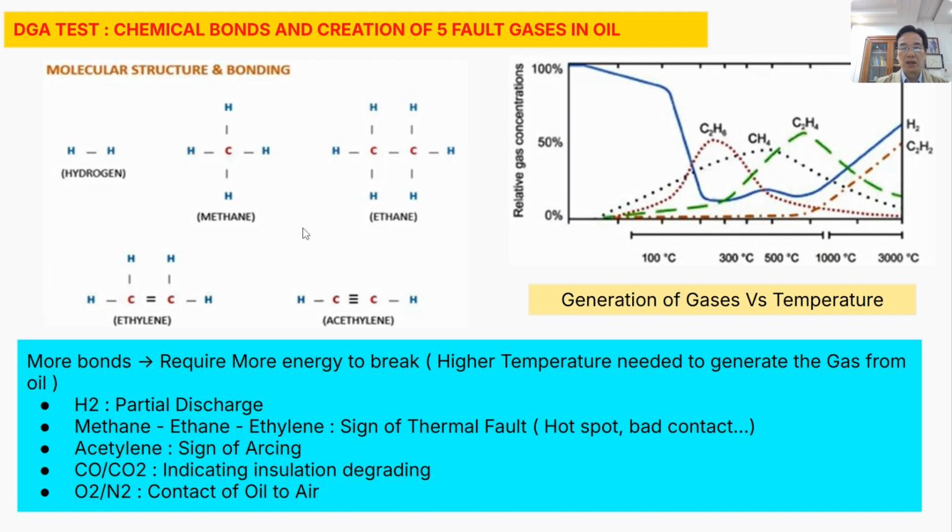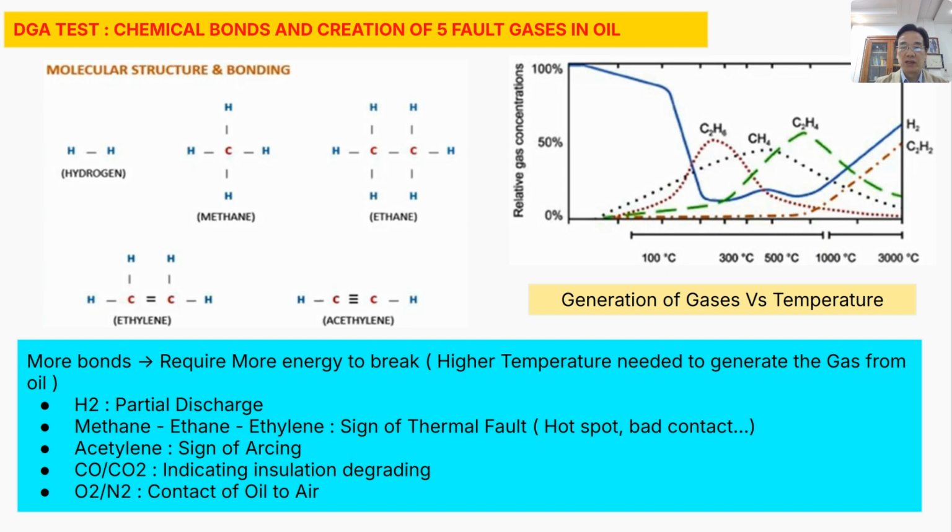So with hydrogen, a lower temperature is required. If you look at the chart on the right side, you can see that the lower temperature will generate hydrogen from oil. Then each gas has a peak corresponding to a specific temperature for generating the gas from the oil. For hydrogen, it is a bit special.